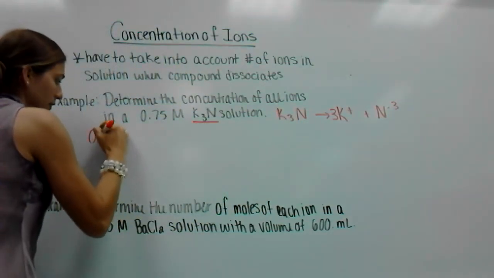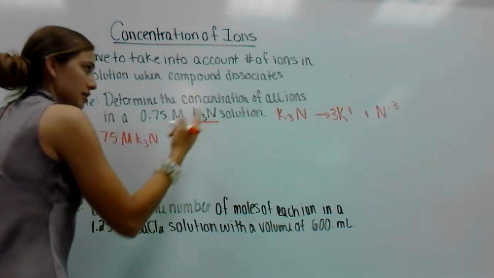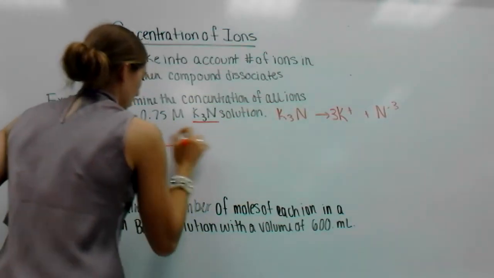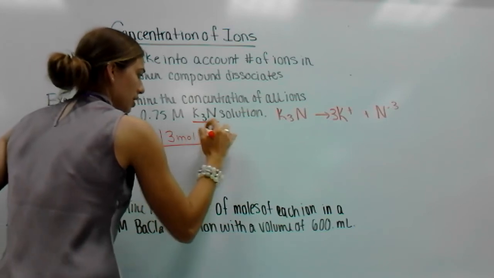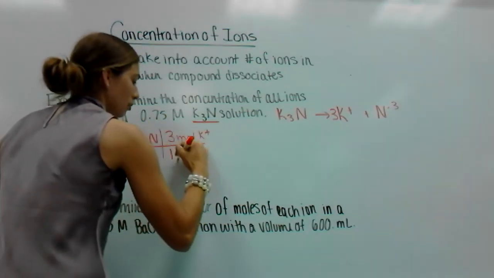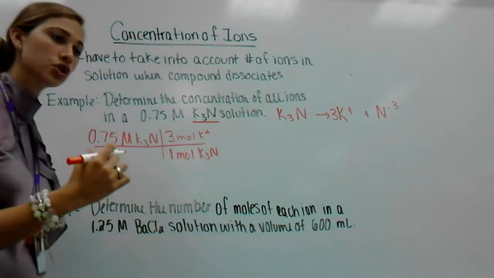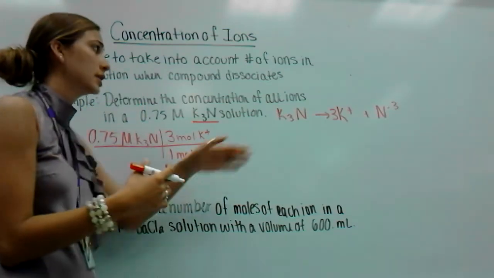So we're starting with 0.75 molar K3N, and we want to know the concentration of our K plus ion. We're going to say 3 moles of K plus are produced for every 1 mole of K3N that's put into solution. So then the concentration is going to be triple.